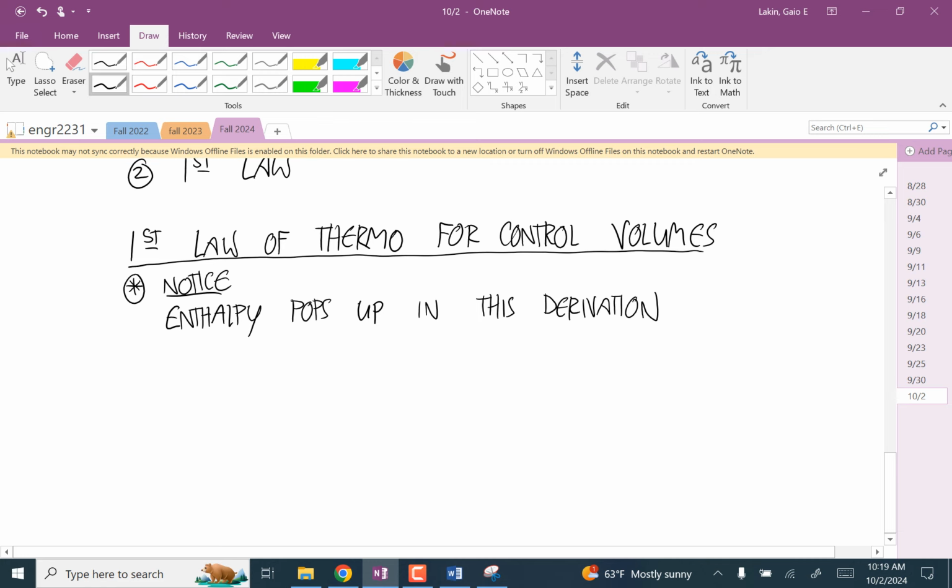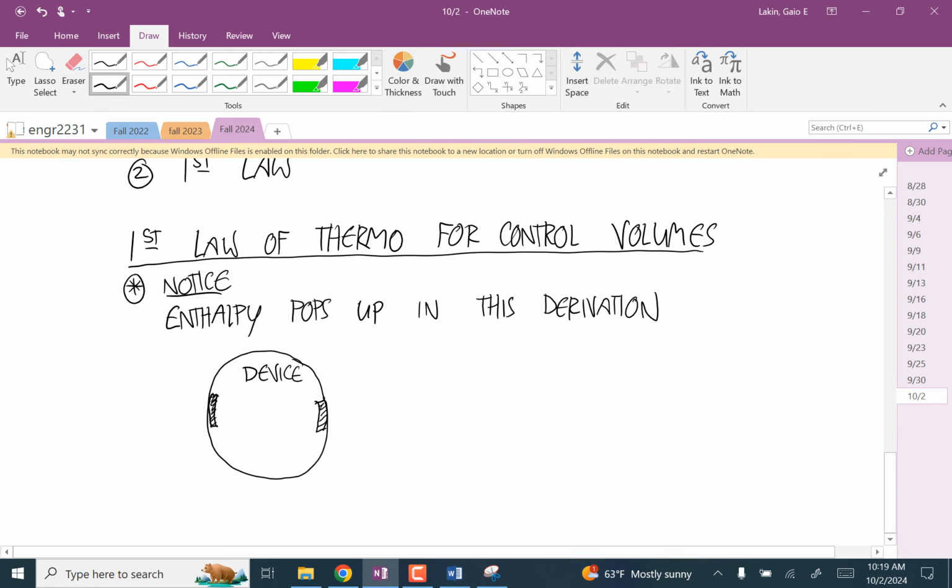And so with control volumes, deriving the first law of thermodynamics, you can think of this as the device. So this is the control volume.